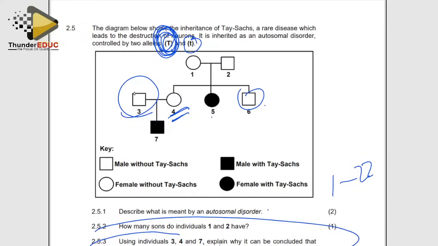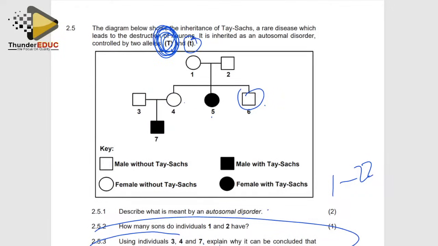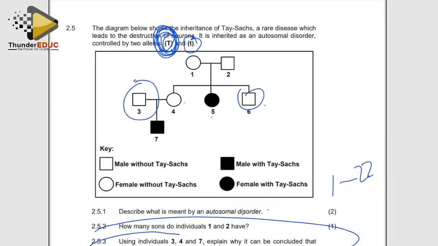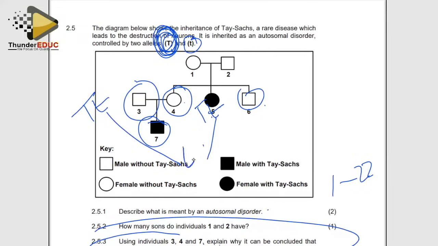Yes, it can be concluded because individual 3 and individual 4 are normal. You understand? And they produced someone who is affected, meaning that they are heterozygous. This one is heterozygous, and also this one is heterozygous. So the recessive alleles combined and then produced an individual who is affected.